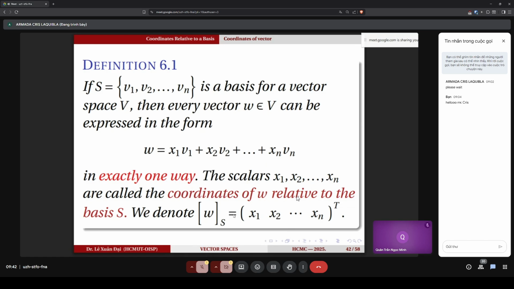So the scalars x1, x2, up to xn are called the coordinates of W relative to the basis S. We denote this [W]_S is equal to (x1, x2, ..., xn) transpose. And that's it. This is your definition for the coordinates of W relative to the basis S.